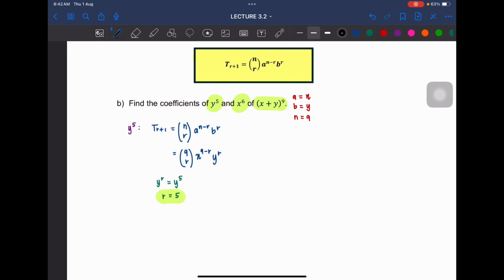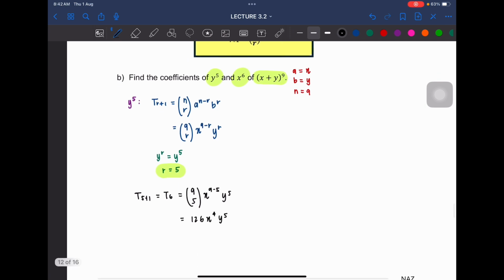So I just need to insert back into our formula. We now know our r. So our t, 5 plus 1, or t6, is equal to 9 choose 5, and then x to the power of 9 minus 5, and y to the power of 5. So 9 choose 5 is 126, and then we have x to the power of 4, y to the power of 5.